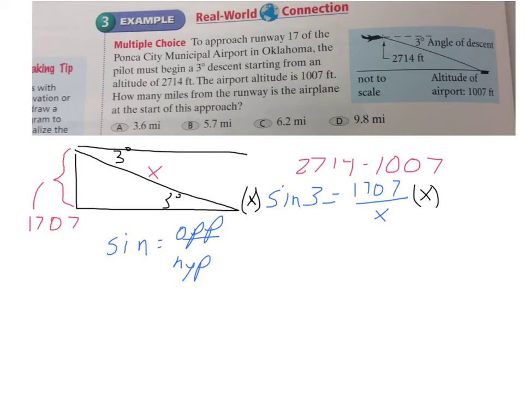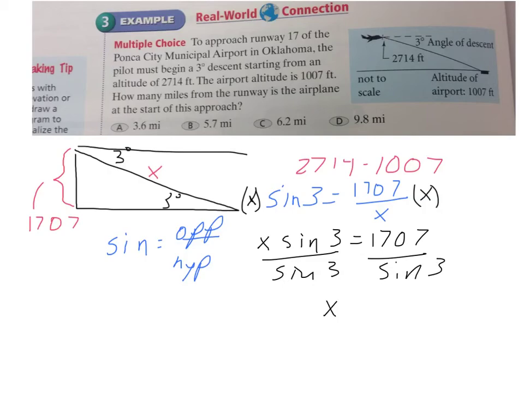To solve this, we're going to multiply both sides by x, so you get x times the sine of 3 degrees equals 1,707. Then we're going to divide both sides by the sine of 3 degrees, and we get x to be approximately equal to 32,616.2.